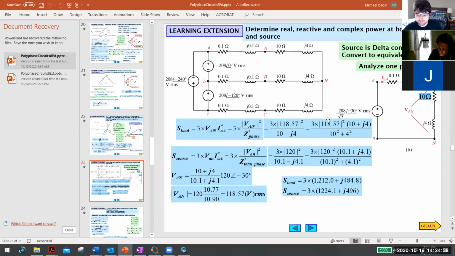I'm going to draw the relationship between the currents in the line, or the Y currents, and the delta currents next time. But if you take a look, this would be a delta current. We're looking at the PowerPoint right now.